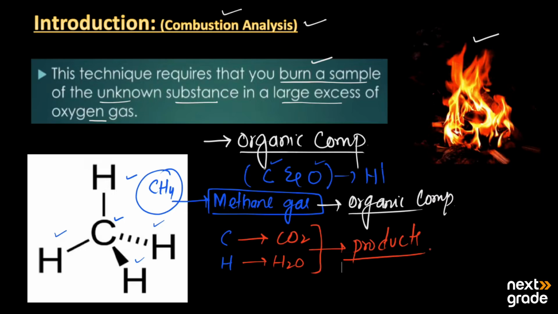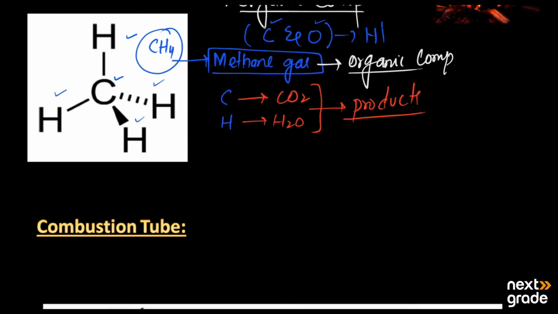Here a question arises: why do we need to combust the samples? For this purpose, we simply have to find the percentage of each element present in that compound. This is the main purpose of combustion analysis.